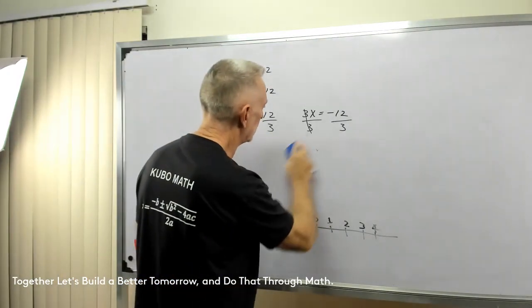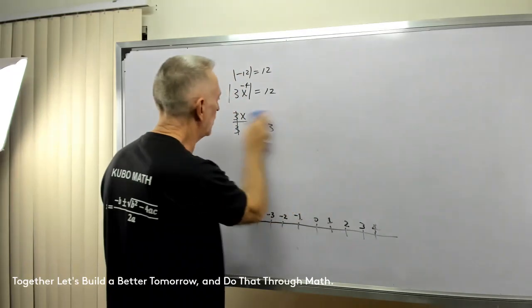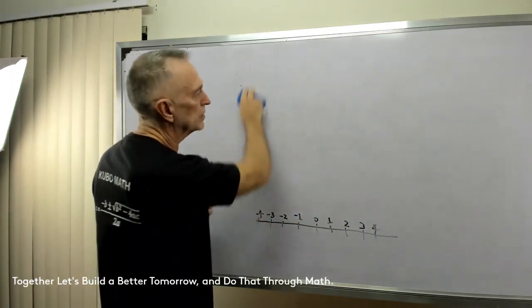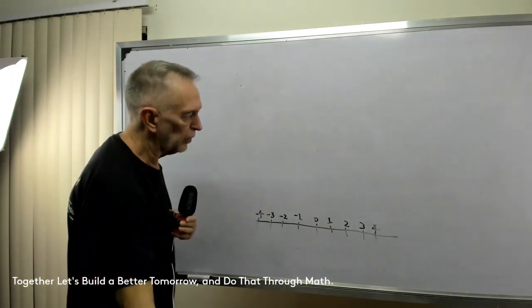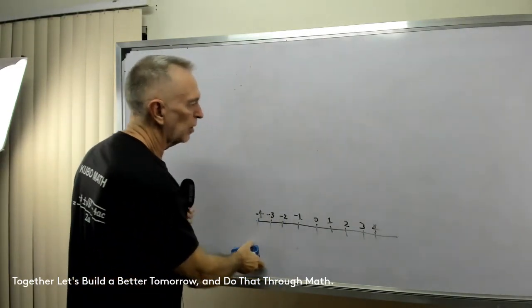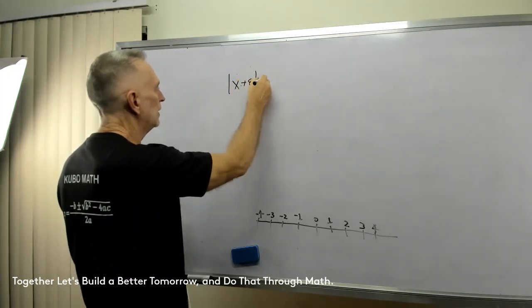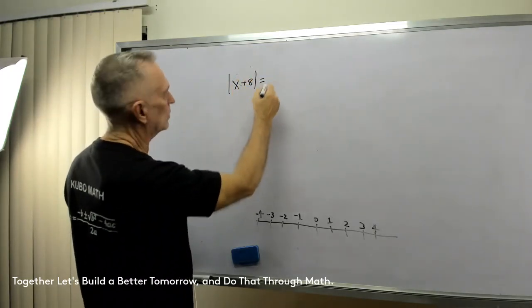Okay, let's get a little bit more complicated problem here. All right, let's see. What if we have the absolute value of x plus 8 equals, what does it equal? 24.